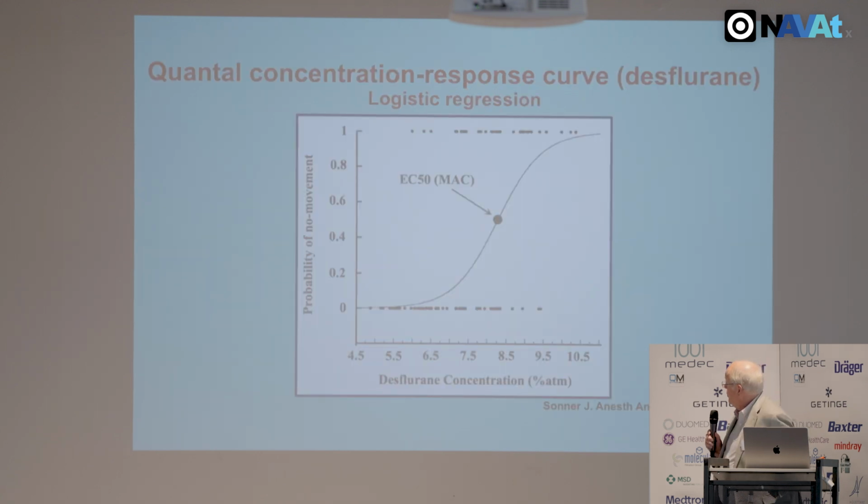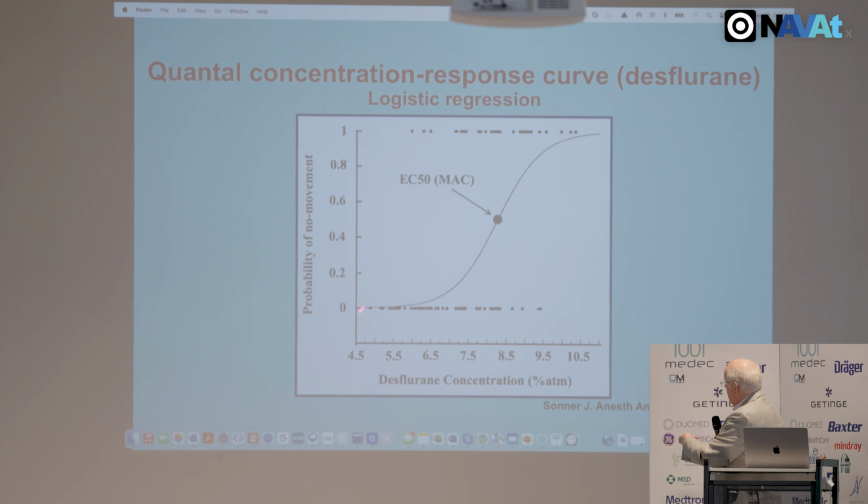It is determined by doing a simple study. Each response in a study group is taken down as a 0 or a 1. 0 means no movement, 1 means movement.